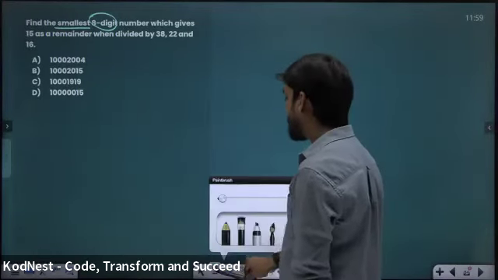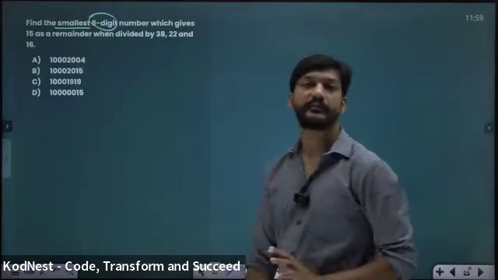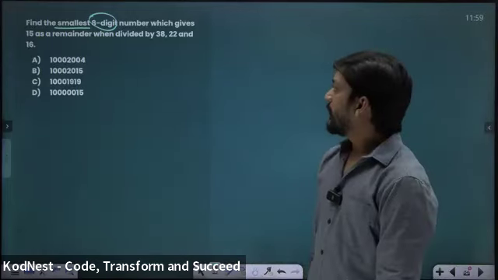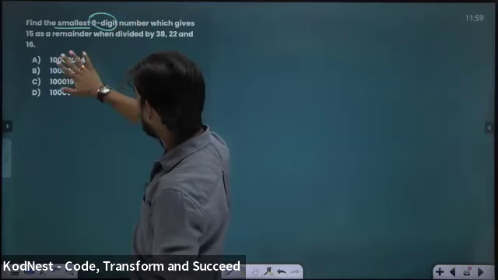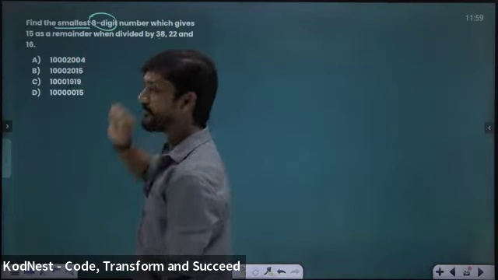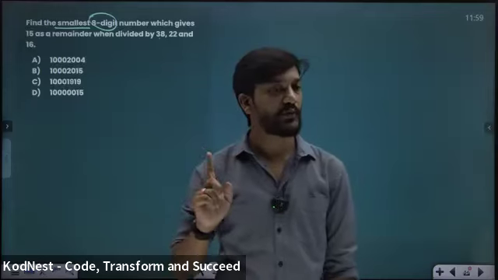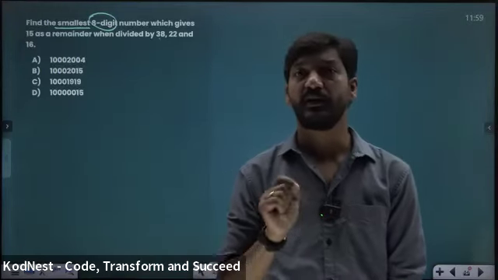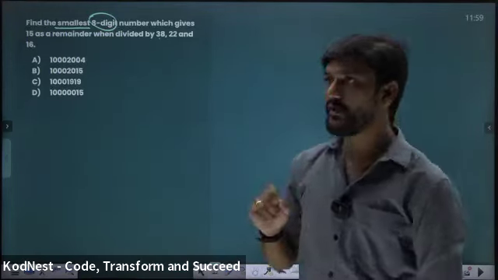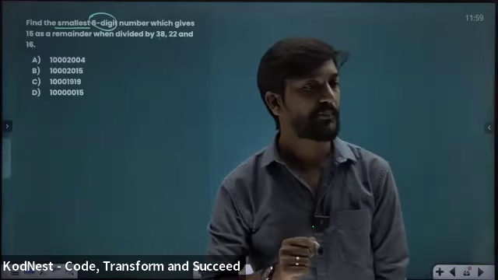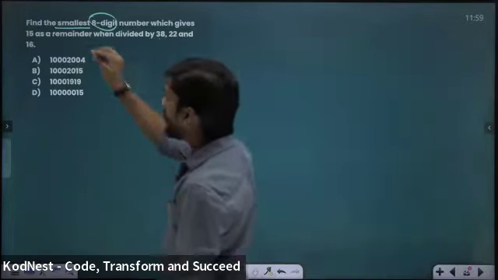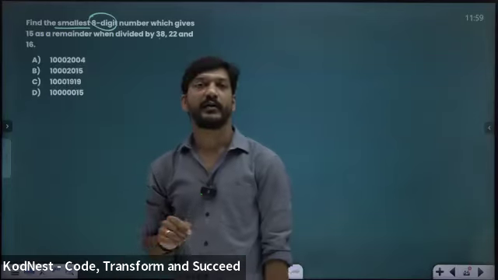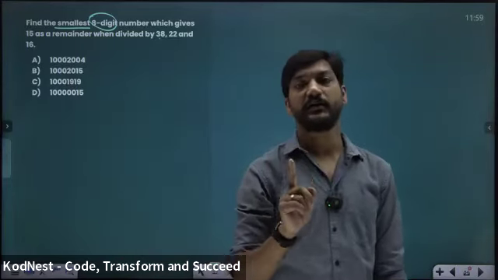Okay. Let me tell you what you have to do. Does the question mean this? The number should be divisible by 38, divisible by 22, divisible by 16. Is it the meaning? No. Because the remainder is given as 15.